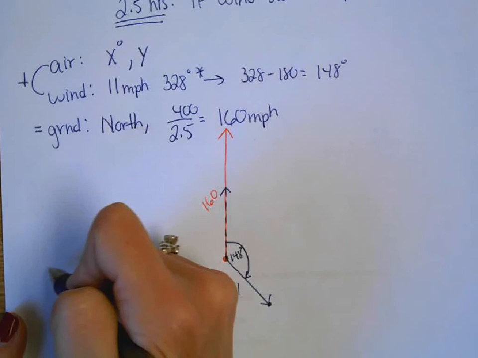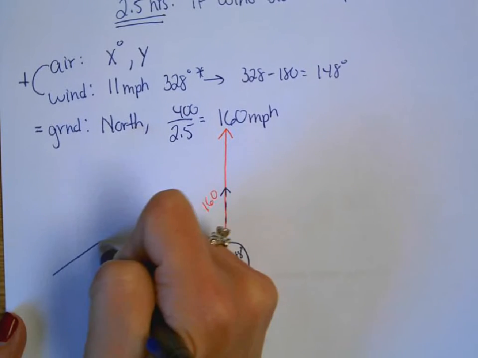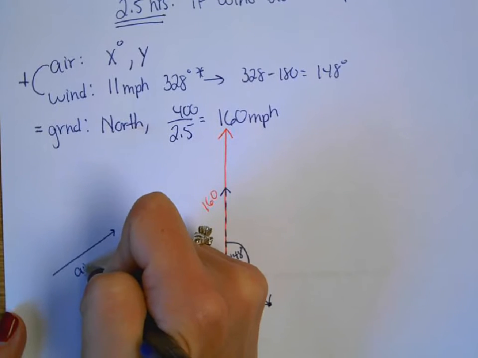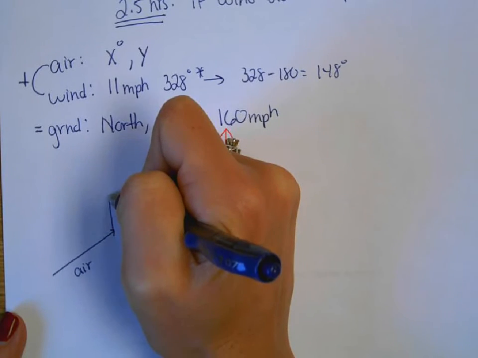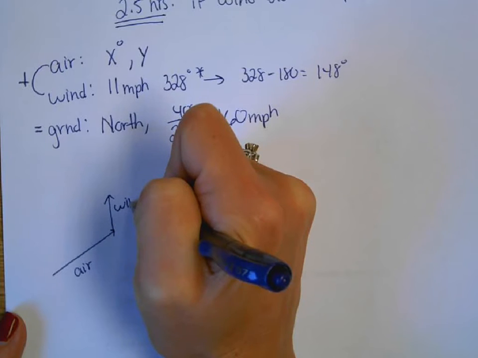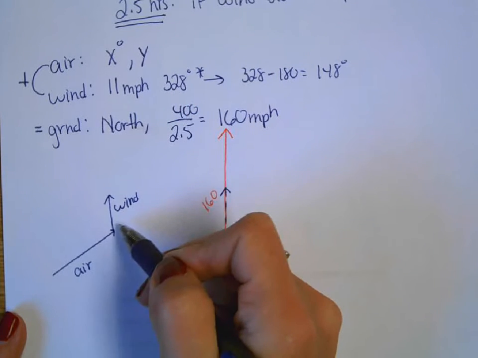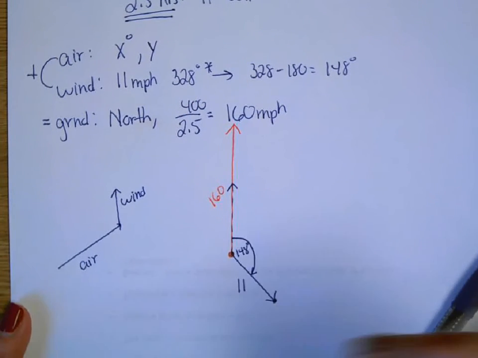Okay, so why is it attached to the tail? Because it's always airspeed plus wind, and these two can be switched, but they're always head to tail, and then that equals ground speed.